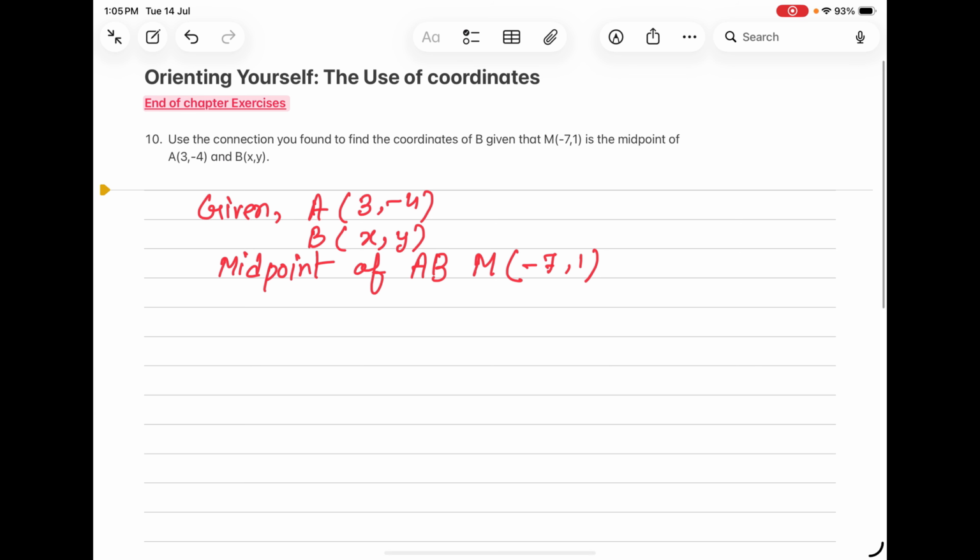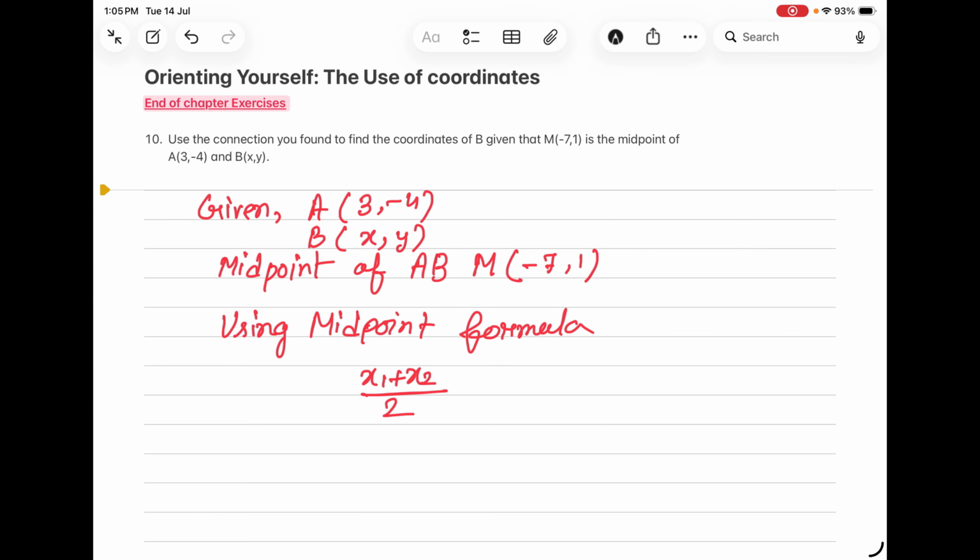So first, using the midpoint formula, what is the midpoint formula? Midpoint (x, y) equals (x1 plus x2) by 2, (y1 plus y2) by 2. Now here the coordinates of M are given, write it down: (minus 7, 1).